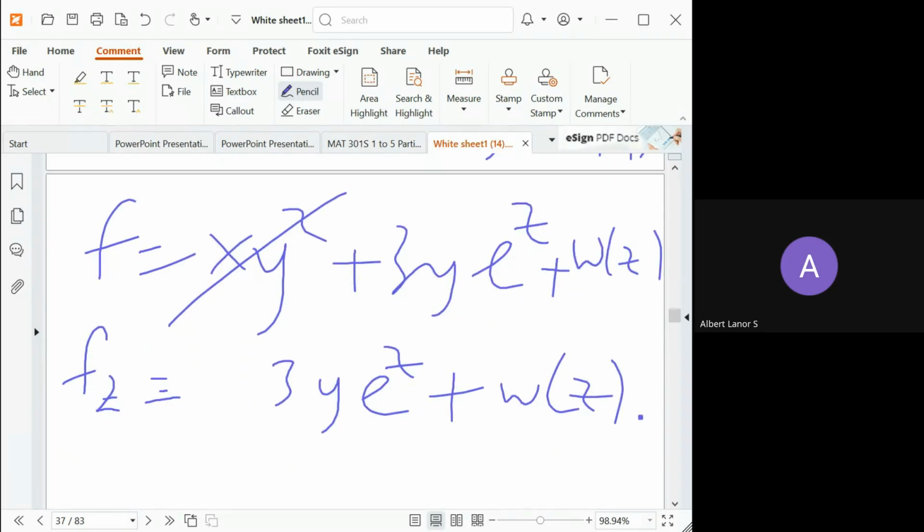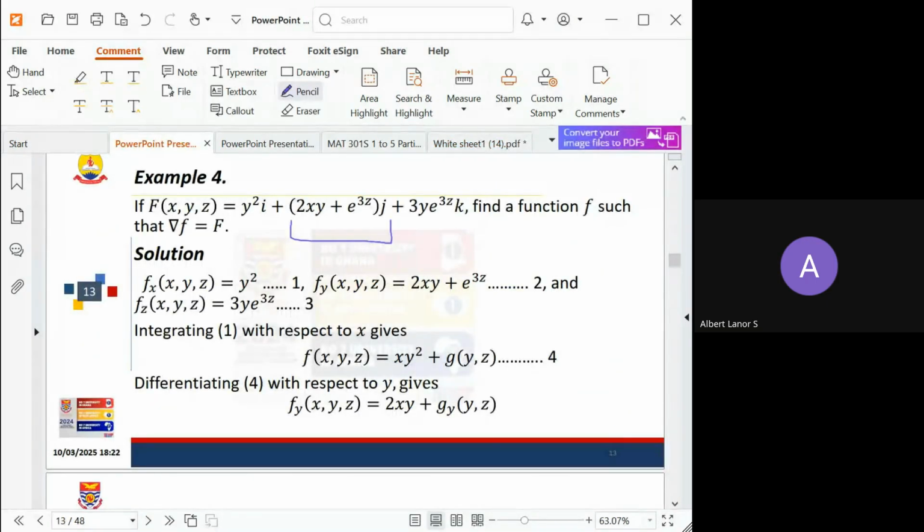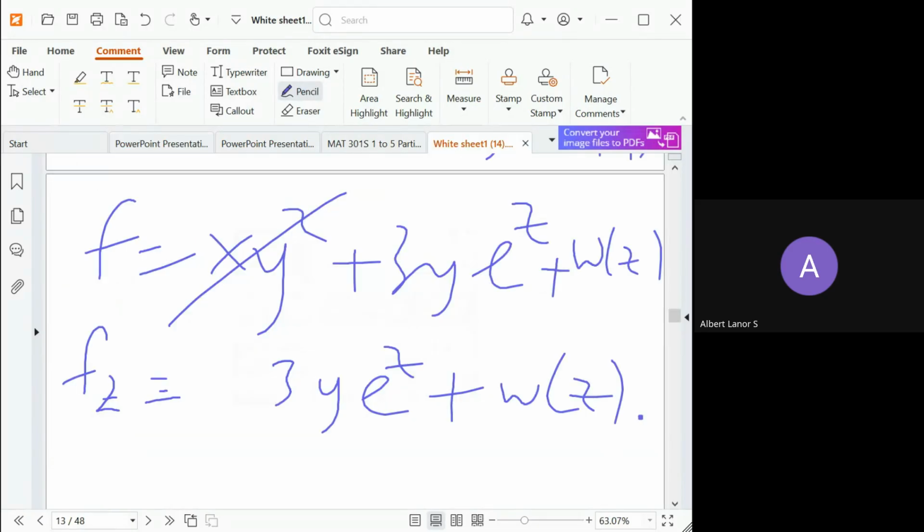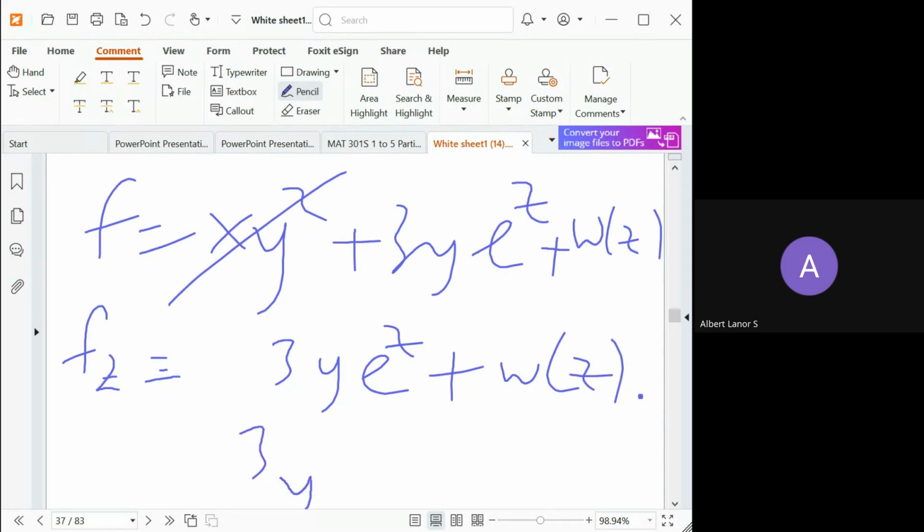Okay, now let's compare this with the third term, which we know already that if it is independent of path, then it should be giving us f_z. Now, what is f_z? The third term is 3y e^(3z).